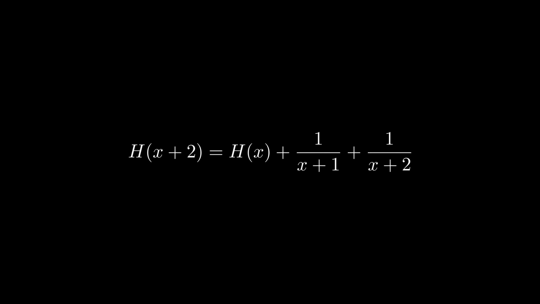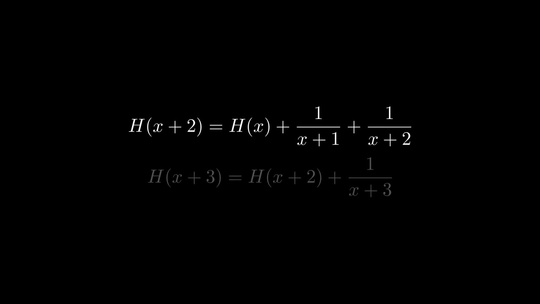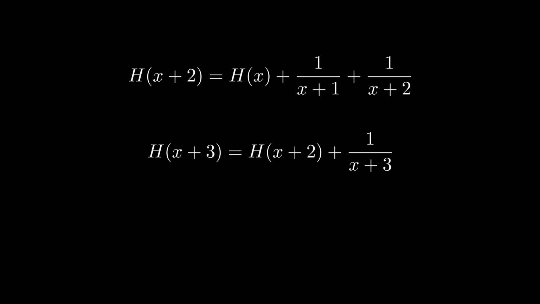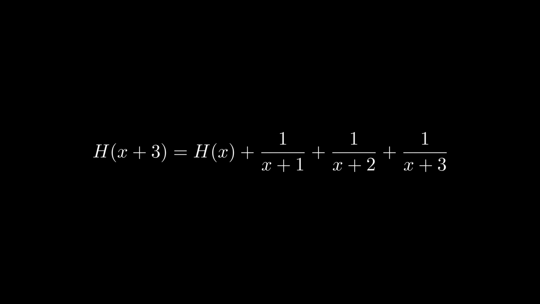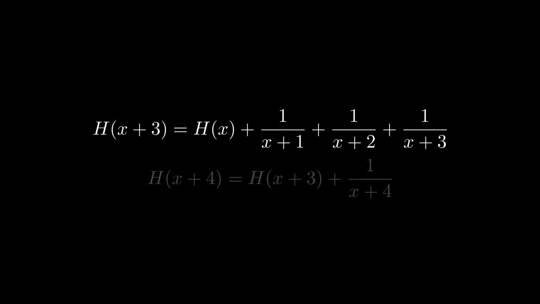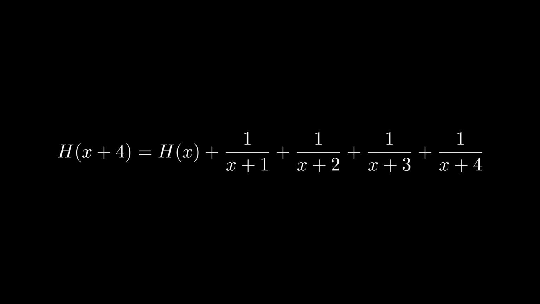And we can do this a second time. We can write h of x plus 3 in terms of h of x plus 2, and then plug in this h of x plus 2 formula. And now we have h of x plus 3 in terms of h of x. And of course, there's nothing stopping us from doing it again with h of x plus 4. I think it should be pretty clear what the pattern is.